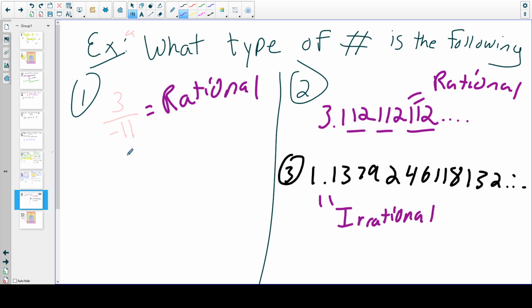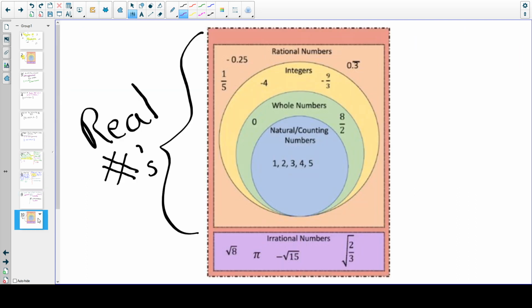I hope that this helps break down what each type of number is and how you can tell just by looking at one number how we could describe it. Again, every number that we've learned is called a real number. The most simplistic set of numbers are the natural numbers. And throughout many, many years, we added on different rules and different types of numbers.